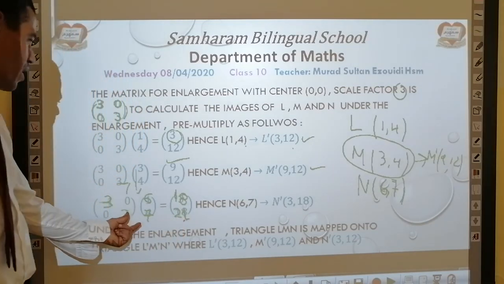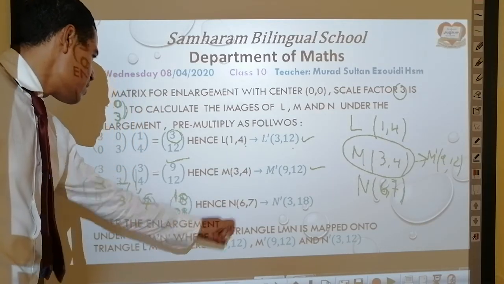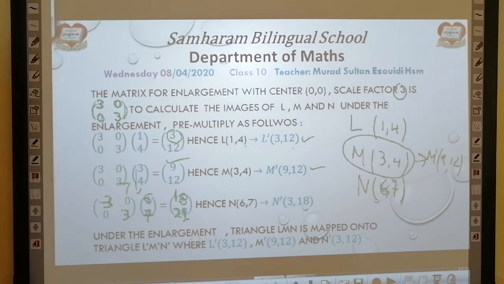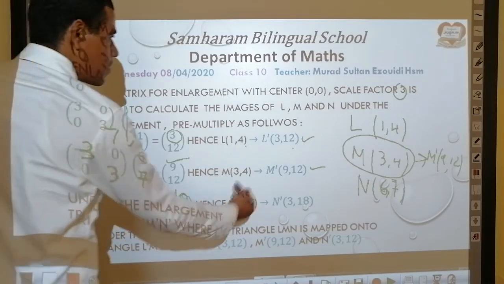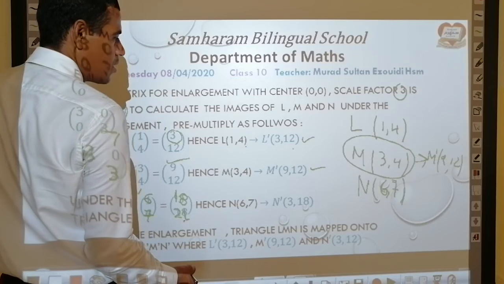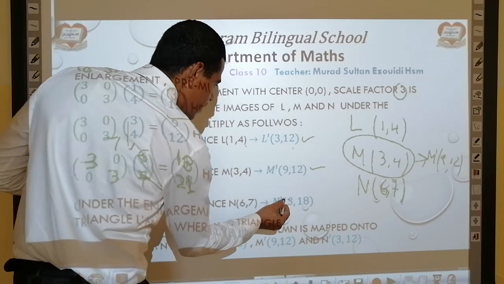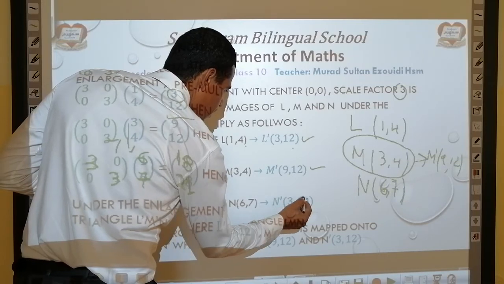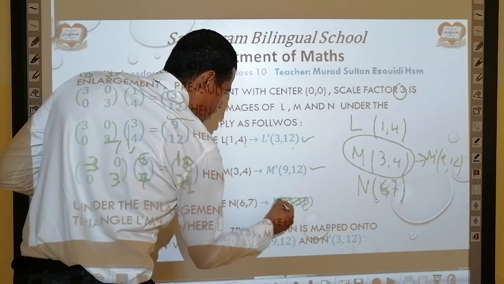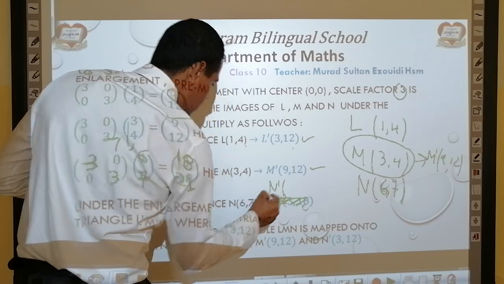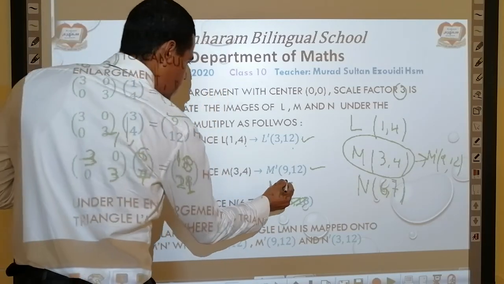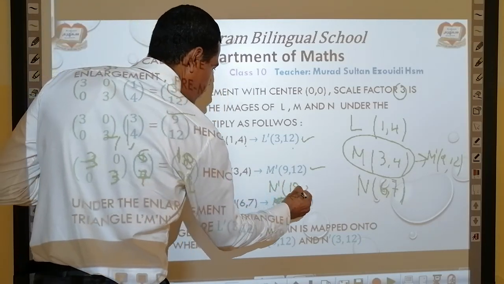Now the coordinates of the point 6, 7, just multiply by 3. It will be 18 and 21. So N prime is of coordinates 6 by 3, 18, and 21.